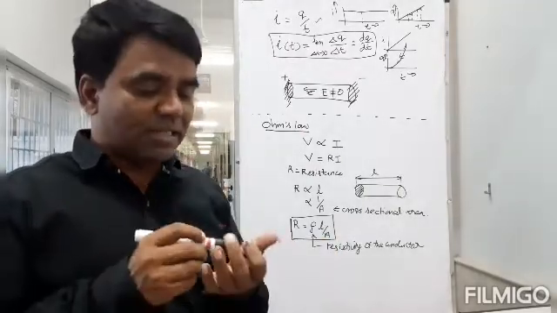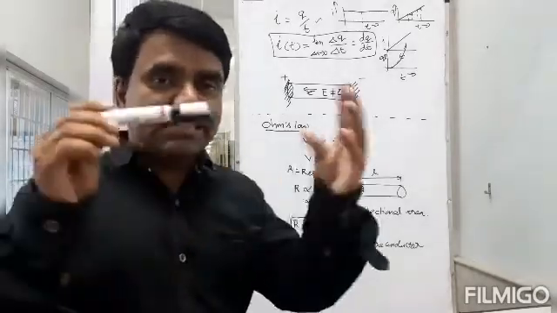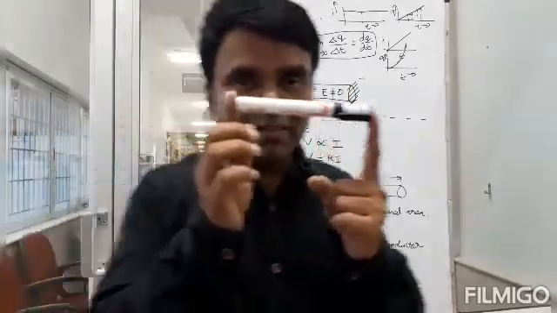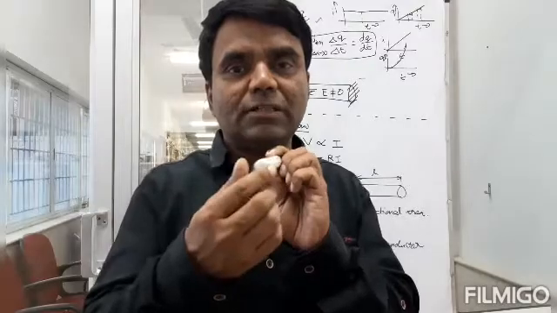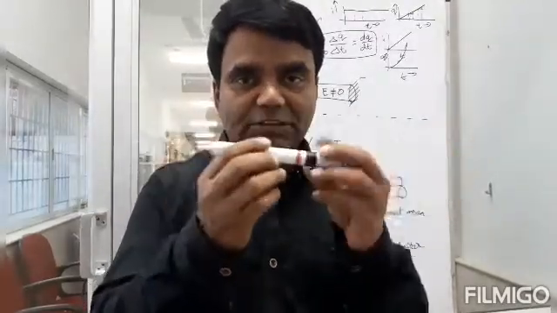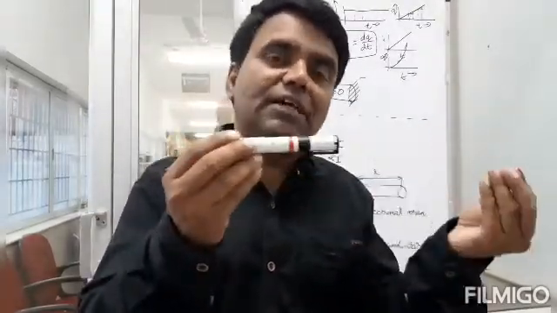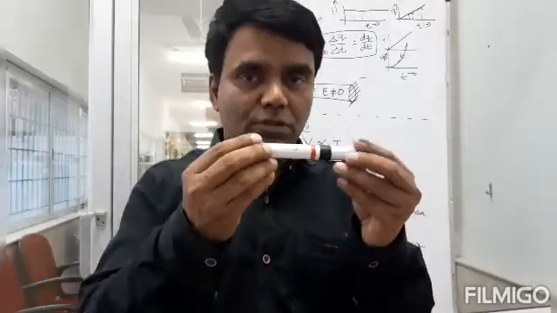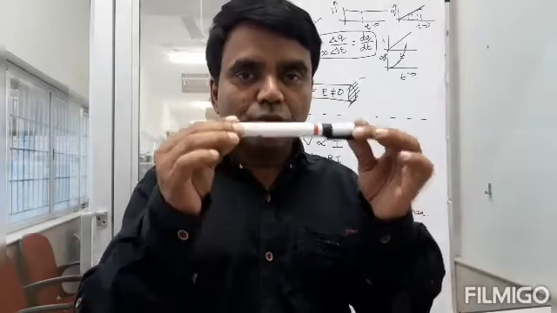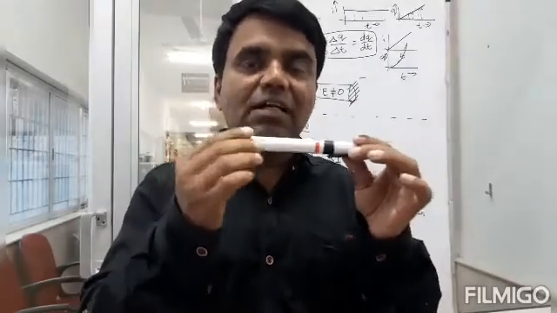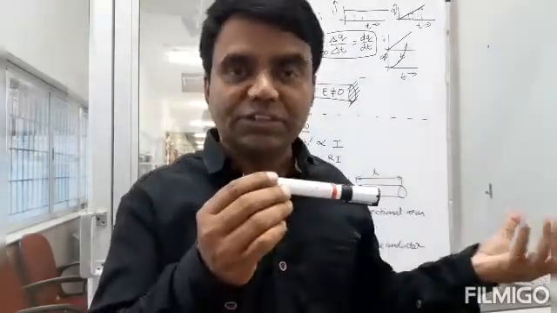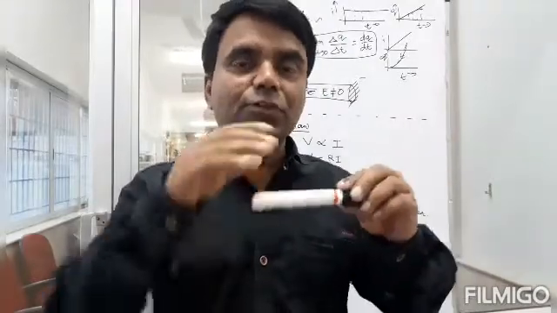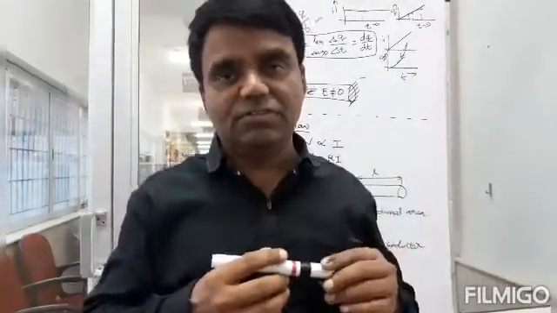So if you make a conductor like this, with the same length and the same cross-sectional area, if I use aluminum, I will have a certain resistance. If I use copper, I will have a different resistance. And again, if you use iron, yet another resistance.